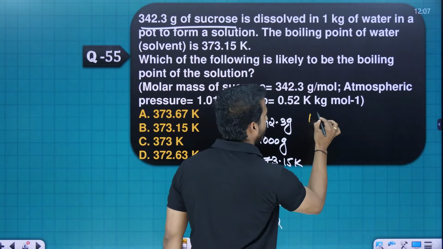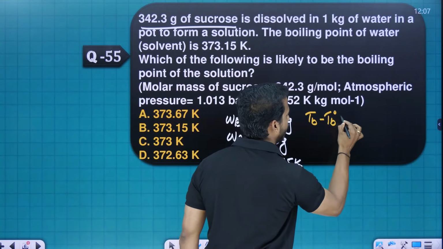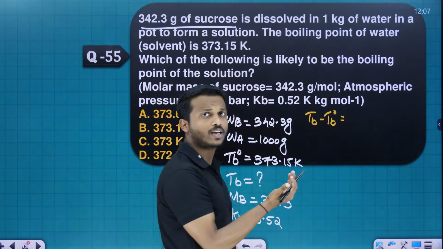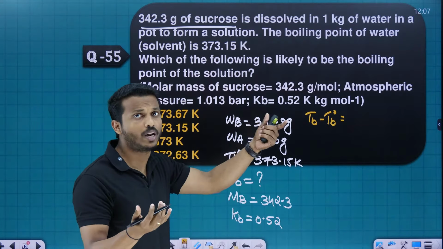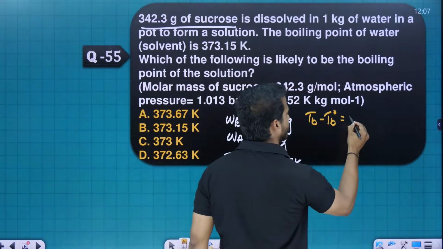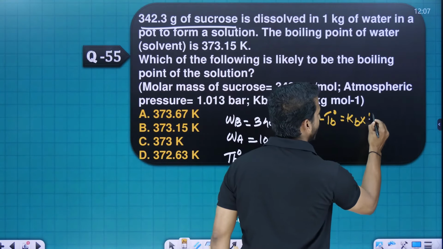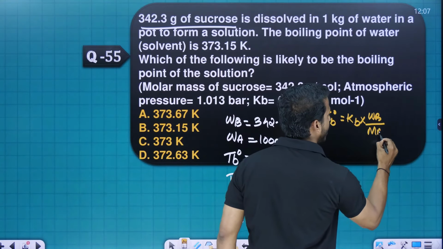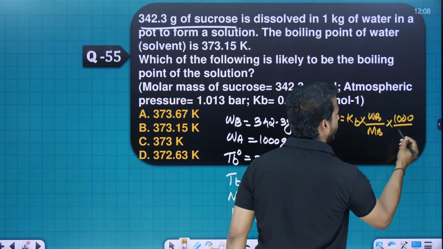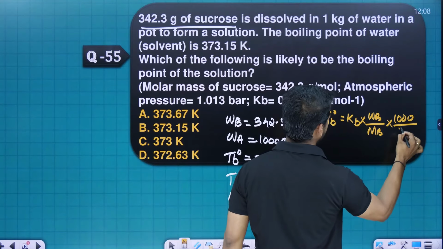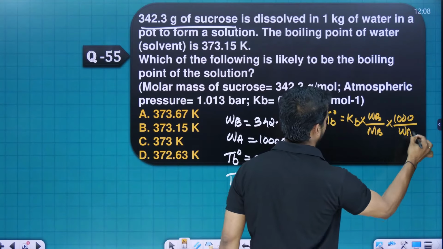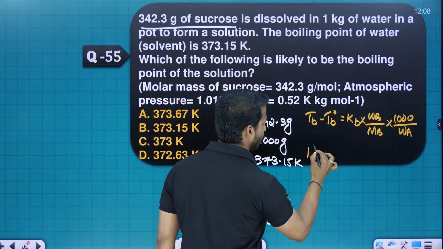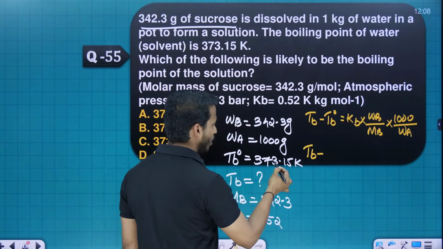The equation is TB minus TB naught equals the Van't Hoff factor for sucrose, which is 1 since it is a sugar unit, no need to consider, times KB into WB divided by MB into 1000 divided by WA, the weight of solvent. TB is what we need to calculate. What is TB naught?